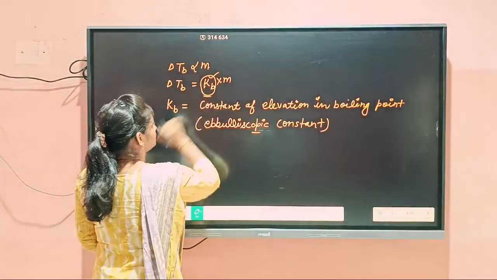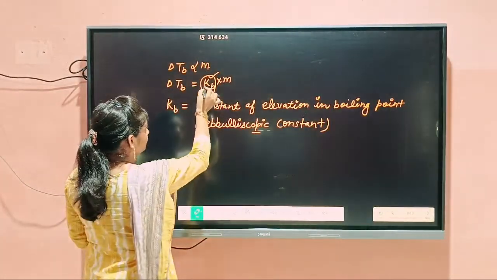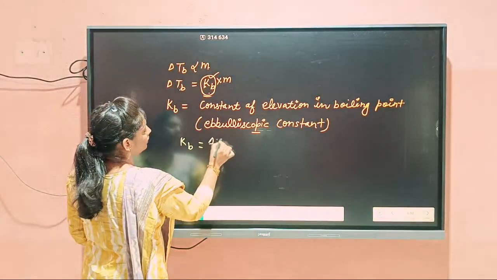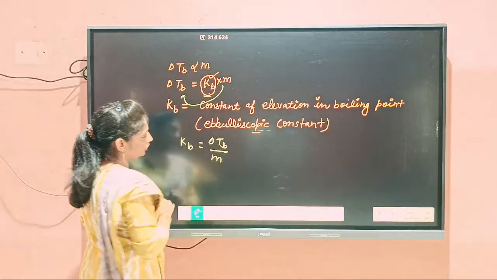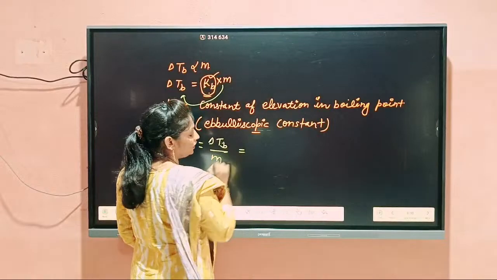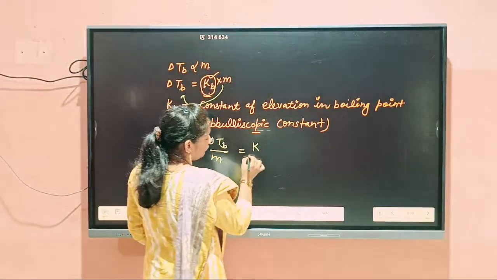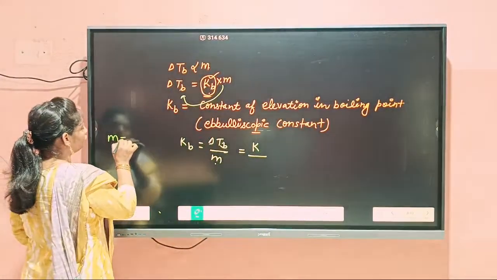What is the unit of this? Students, from here I can write it in this way. Kb is equal to delta Tb by m. And you know very well Tb is temperature, and the SI unit of temperature is Kelvin. So Kelvin by molality. Molality, what do you mean by molality?